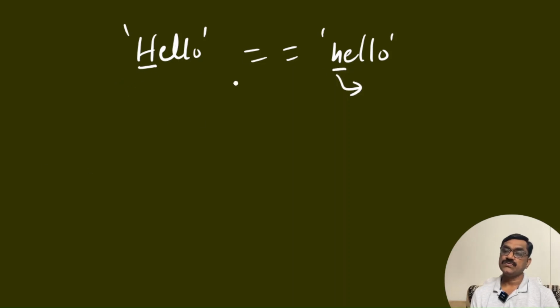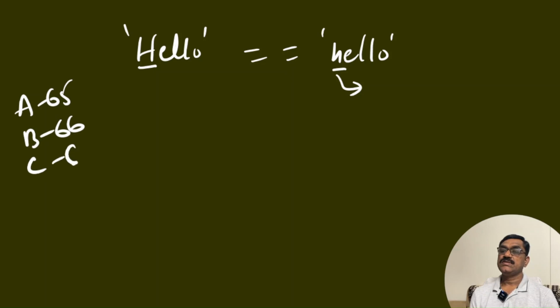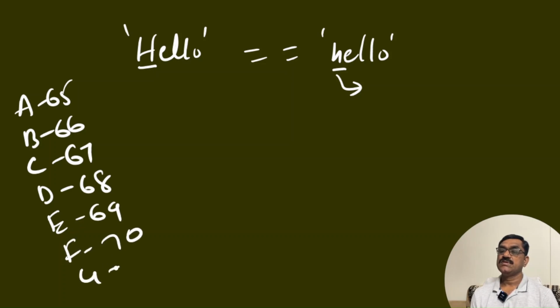Capital A is 65, B 66, C 67, D 68, E 69, F 70, G 71, H 72.